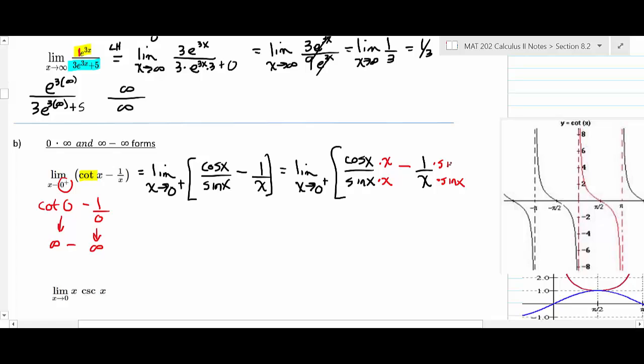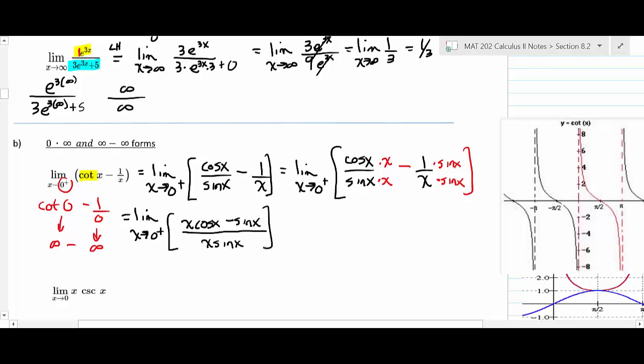That way I'll have this in one fraction. So you have to work with this before you even do L'Hopital's rule. That gives me the limit as x goes to 0 from the right of x cosine x minus sine x, all over x sine x. Okay, so we got that.